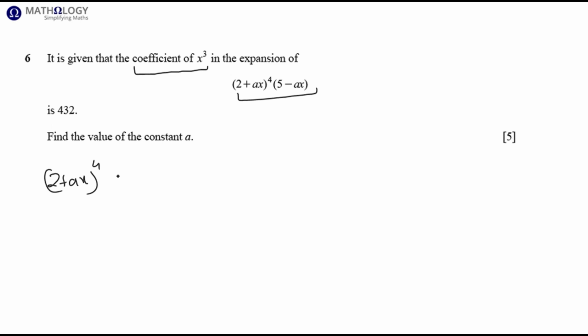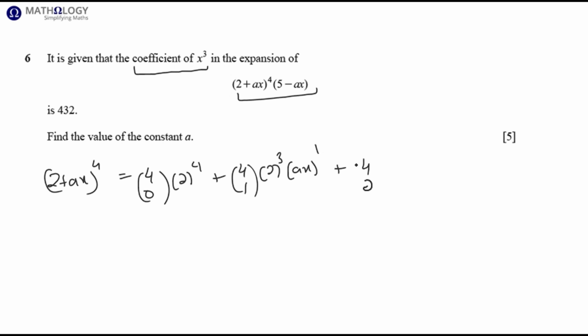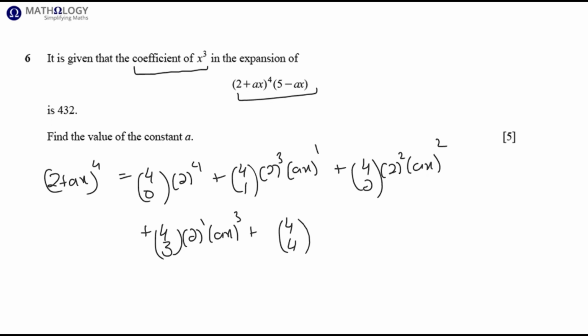as much as necessary. So this will give us 4 choose 0, 2 to the 4, plus 4 choose 1, 2 cubed times ax, plus 4 choose 2, 2 squared times ax squared, plus 4 choose 3, 2 to the 1 times ax cubed, and finally 4 choose 4 times ax to the 4.